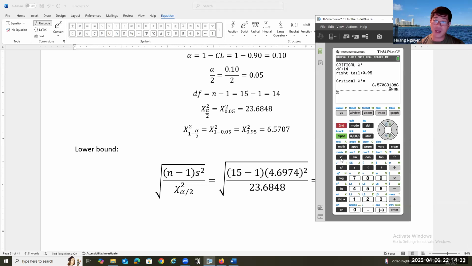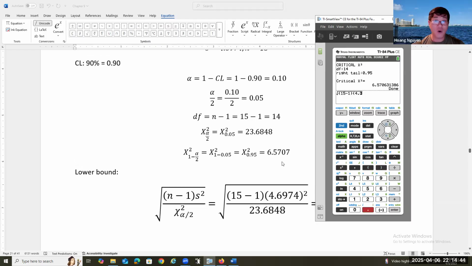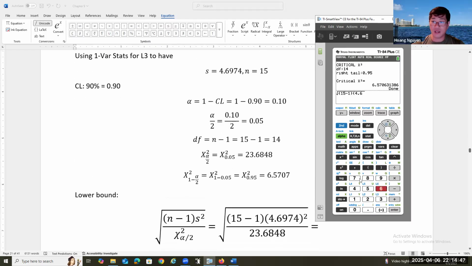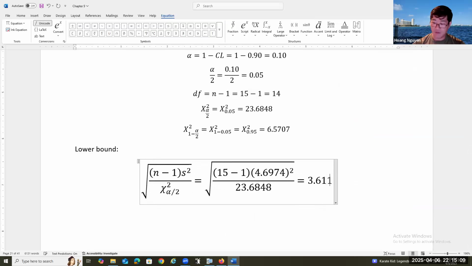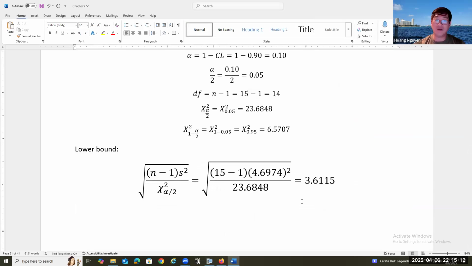Square root of, parenthesis 15 minus 1, close parenthesis, open parenthesis 4.6974 squared, divided by 23.6848. Make sure everything is under the radical. Now we can hit enter. That's the answer for the lower bound, 3.6115.